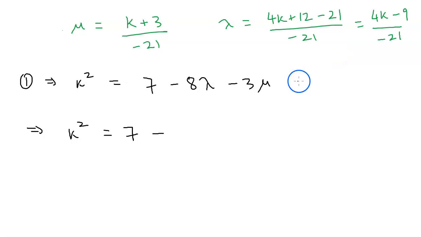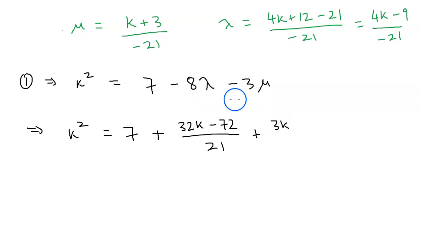So minus, well, let's say plus, and then we'll cancel the negative on the bottom. So plus 32k, and then minus 8 times 9, so 72, divided by 21. And then similar deal here, so plus 3 times the top divided by 21. So that would be plus 3k plus 9 divided by 21.